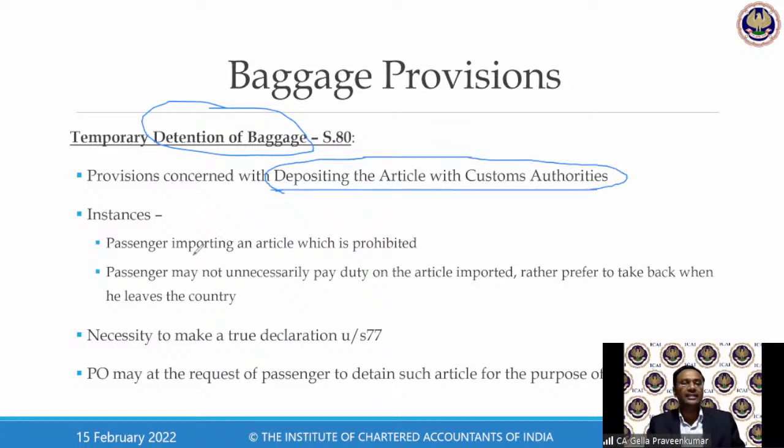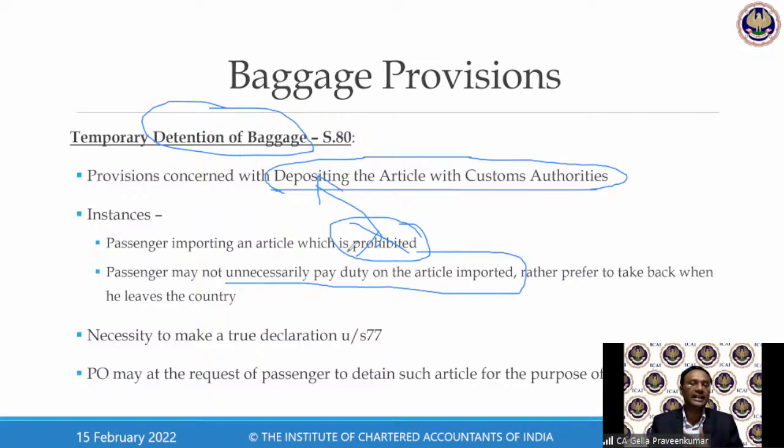When the imported article is prohibited, the customs authority says that, Praveen, you are bringing a particular commodity which is prohibited in India, may be permissible in another nation, but not permissible in India. So this particular passenger who is coming to India, instead of bringing this commodity into India, can deposit that particular item with the proper officer. Or this passenger is not interested to pay duty on this imported article.